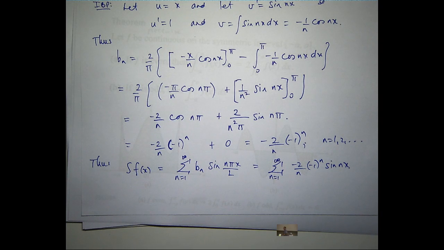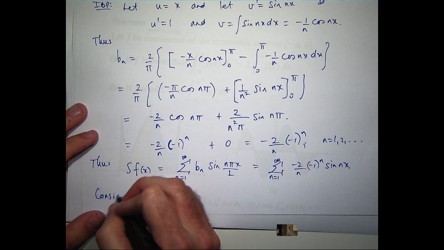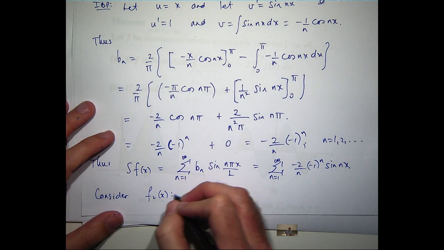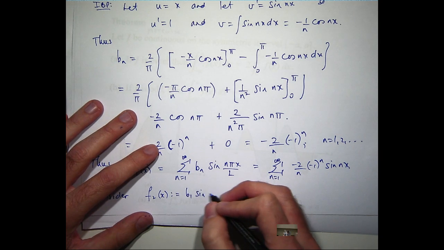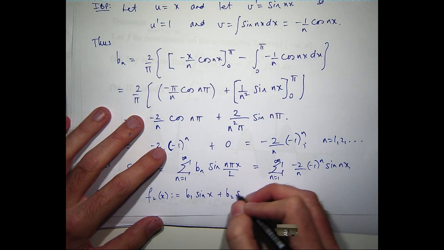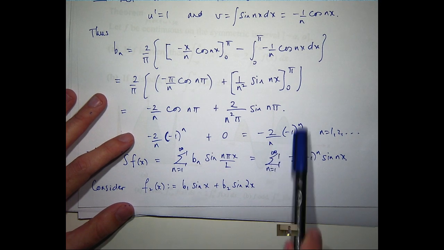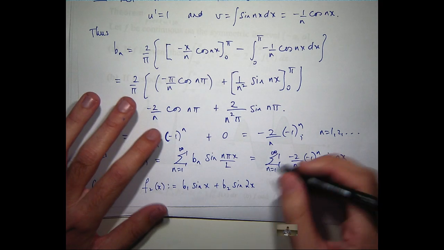So let's calculate this function defined in the following way. So it's like a partial sum of my Fourier series. Okay, so what's b sub 1 going to be? I've put n equals 1 in here. I'm going to get minus 2 times minus 1.